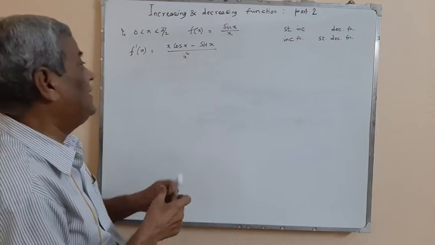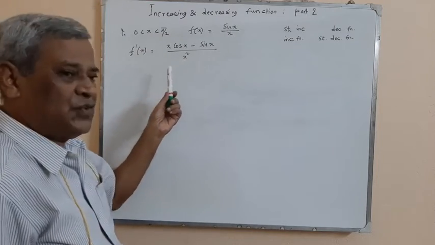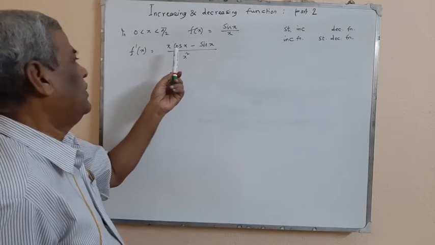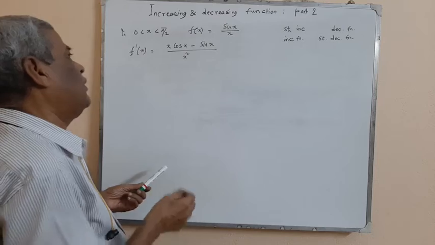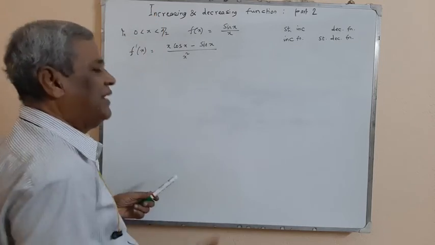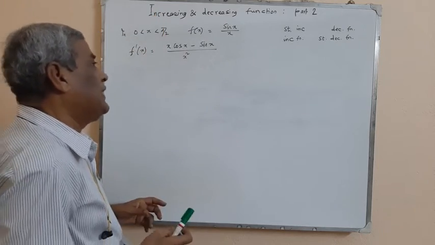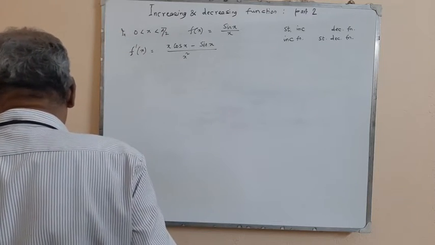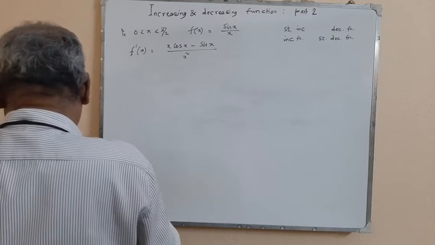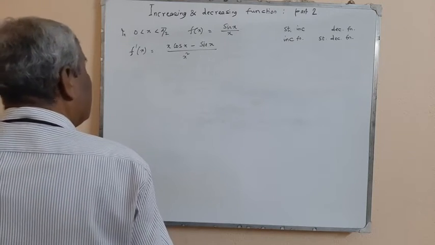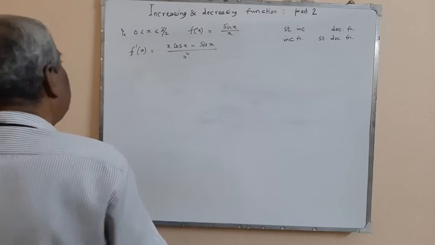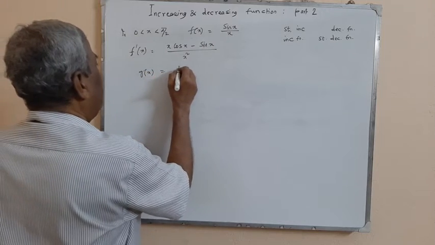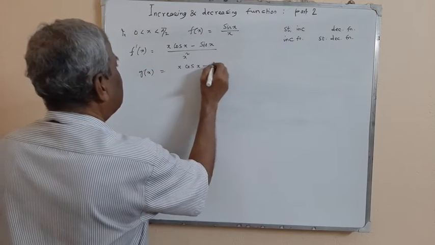Now x square is always positive in that interval, but it is not clear to us whether x cos x minus sin x is positive or negative in that interval. For that purpose, we have to take g(x) as x cos x minus sin x.